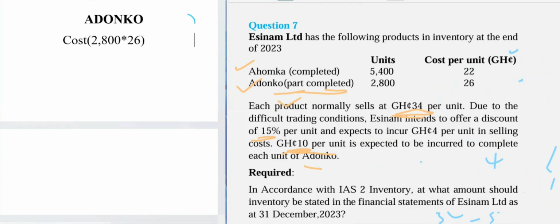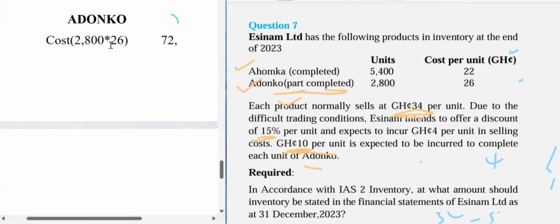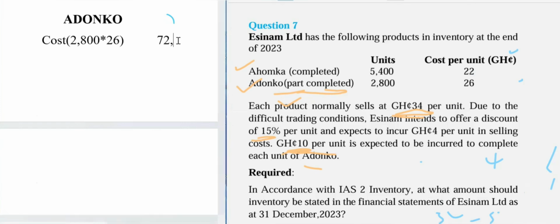And then that will give us 72,800. Okay, then let's go to the net realizable value. So we have the cost.